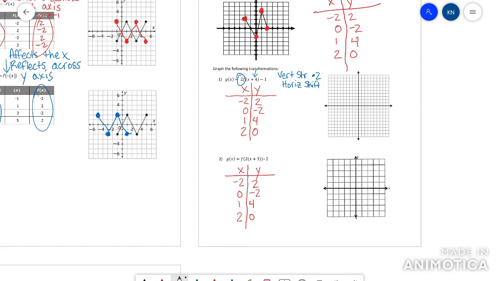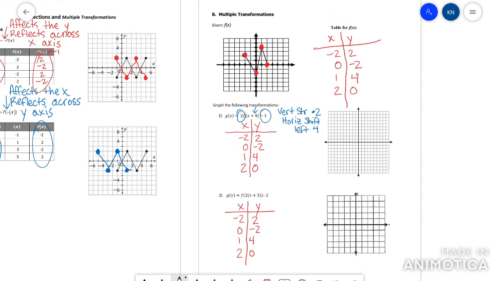And since it's +4, you do the opposite. So really -4, it's going to go left 4. And then this -1 here is a vertical shift. Down 1.